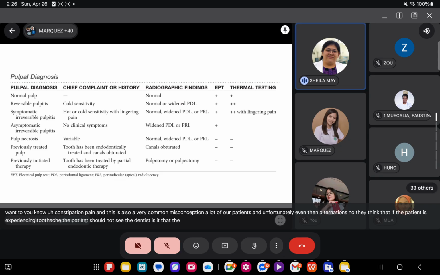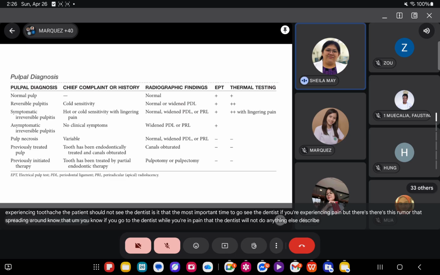Isn't that the most important time to go see the dentist, if you're experiencing pain? But there's this rumor that's spreading around, that if you go to the dentist while you're in pain, the dentist will not do anything anyway.